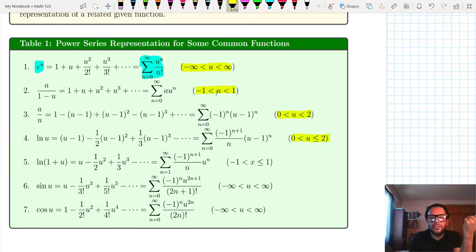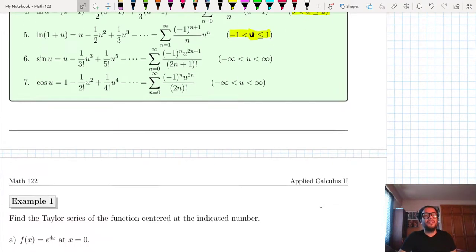We are just going to use them. By the way, this should be not an x but a u here. There's a little typo. This one should be a u, because u, again, can be anything.